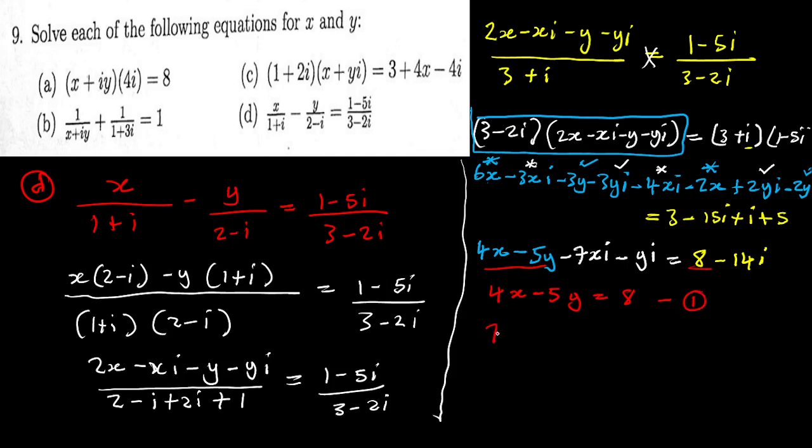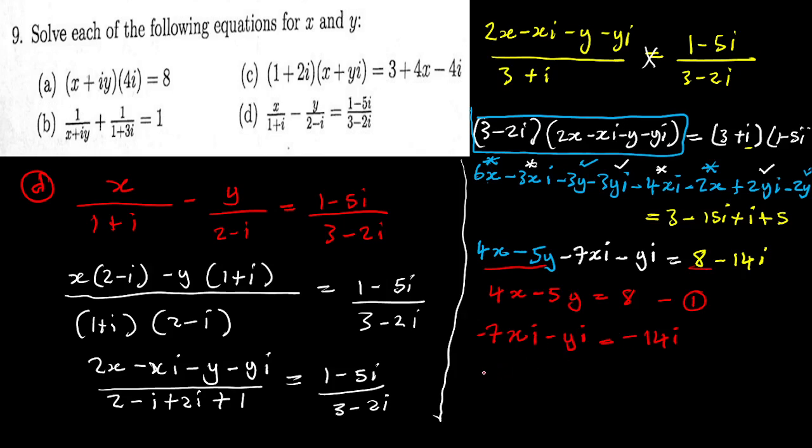Then you have negative 7xi minus yi is equal to negative 14i. If I want, I can multiply throughout by negative, there will be no problem there. But if I want, I can just factorize.